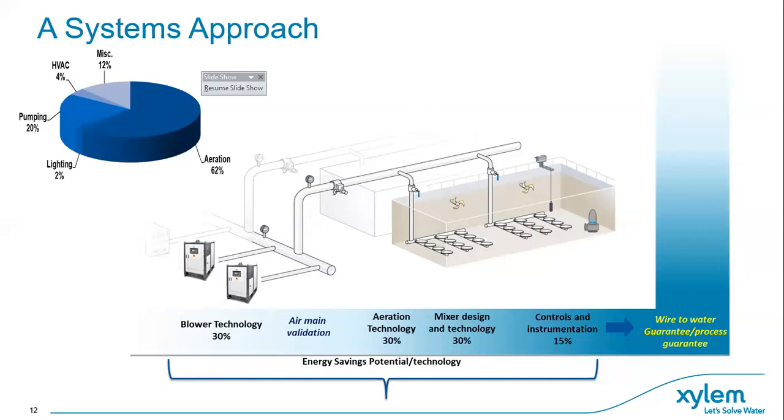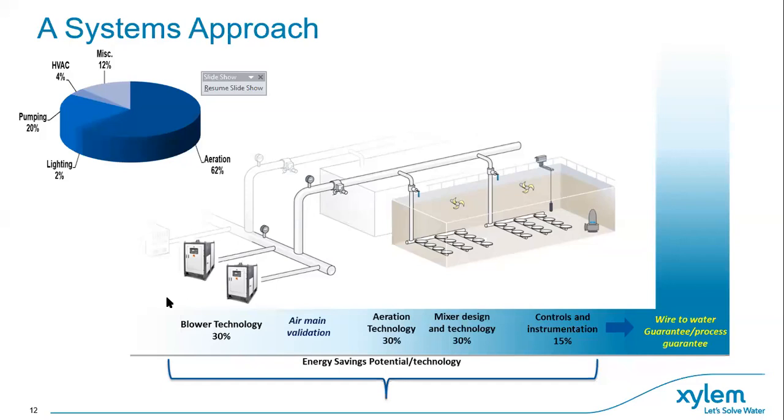There are cases that are of course higher than this. And optimizing aeration in its design also has a great impact. Same thing with the mixer technology selected and how it is adapted to the tank geometries, which has an effect. And on top of that, there are controls and so on that help as well.